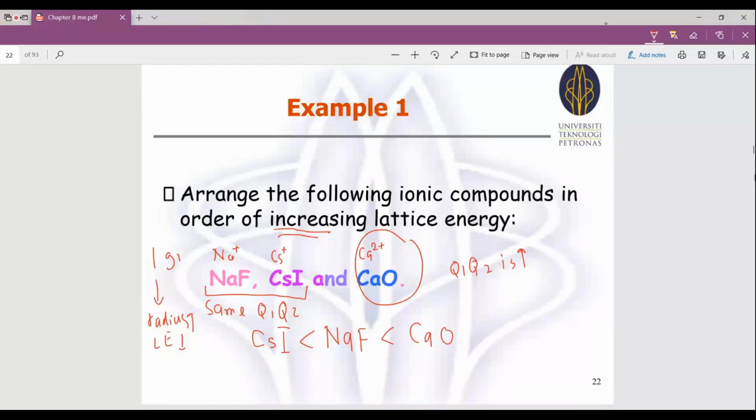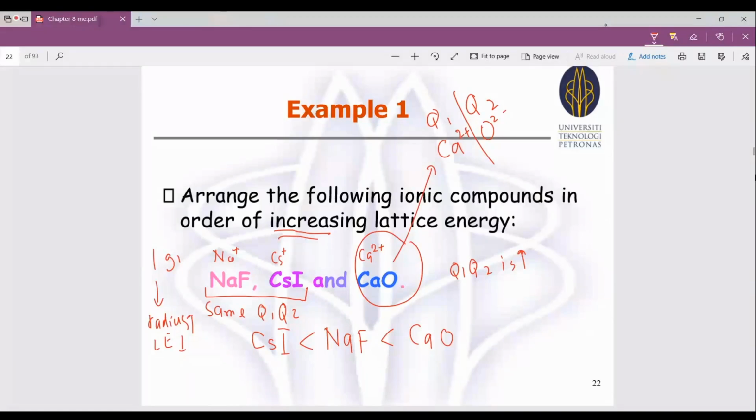Q1 and Q2 we determine from the ions, for example CaO, Ca2 plus and O2 minus, for both ions here. Look at the formula, K Q1 Q2 over D. What happens if we have higher charge? It means higher energy.